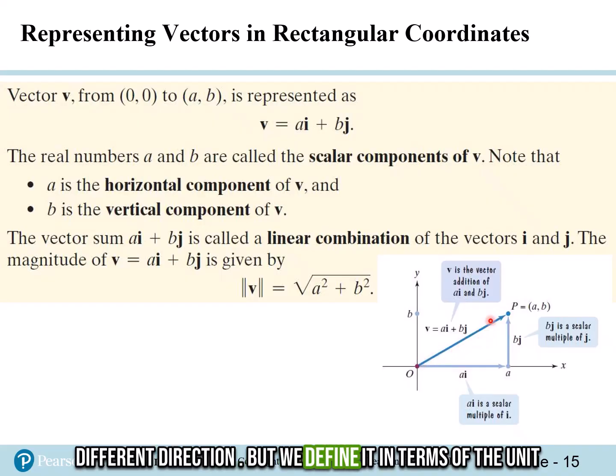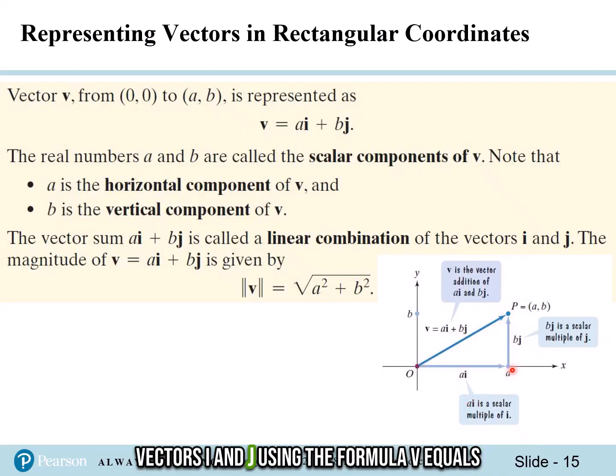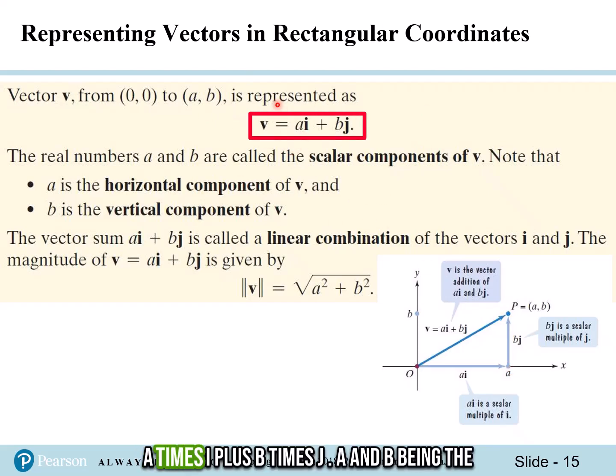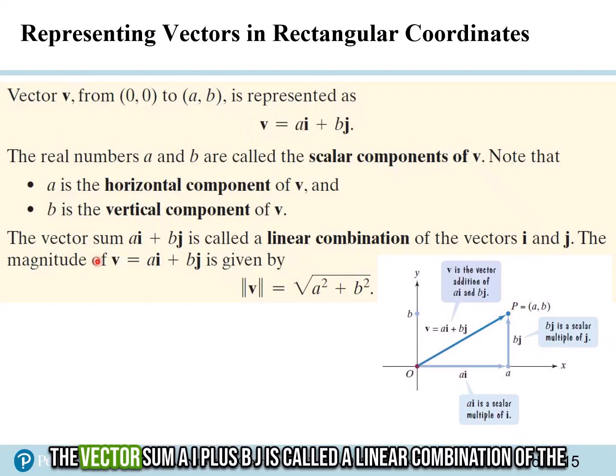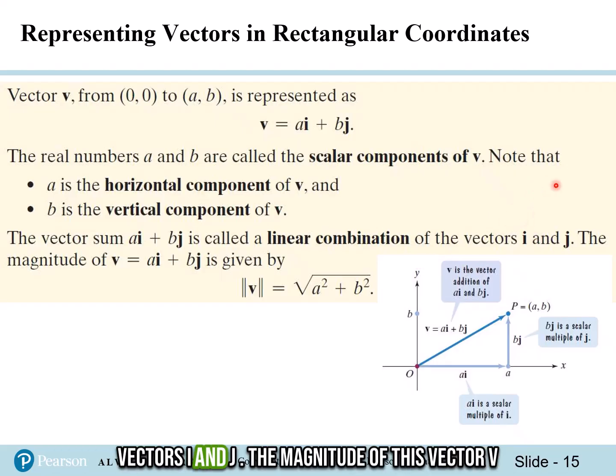But we define it in terms of the unit vectors i and j using the formula v equals a times i plus b times j, a and b being the coordinates of the terminal point of the new vector. All right. The vector sum ai plus bj is called a linear combination of the vectors i and j.